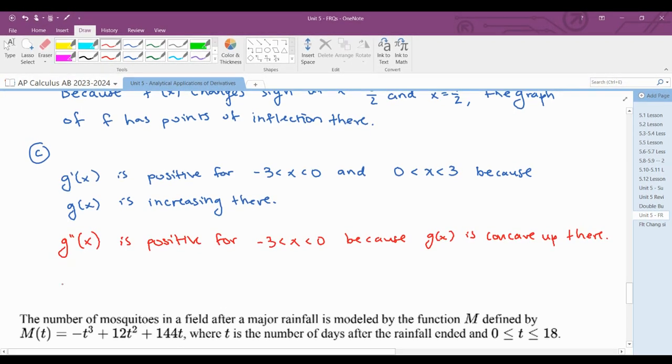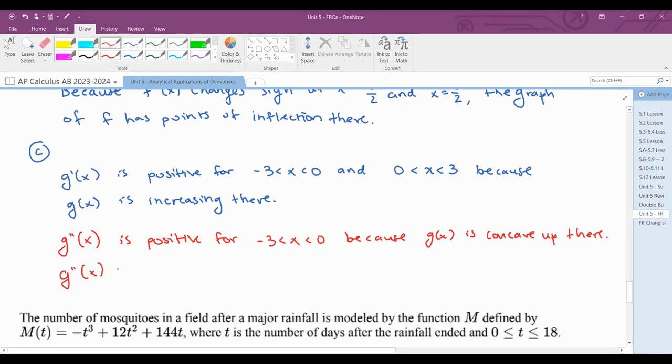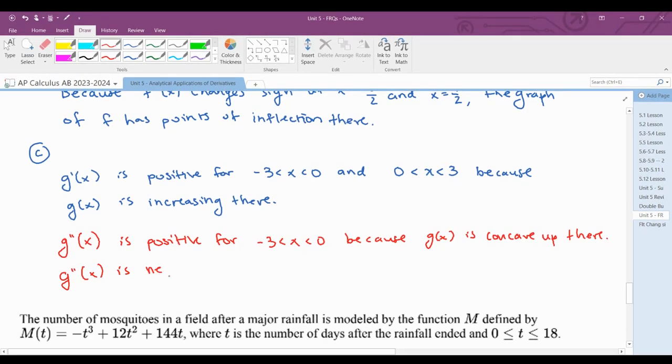And then also on the other side, when g double prime is negative, from 0 to 3 because g of x is concave down.